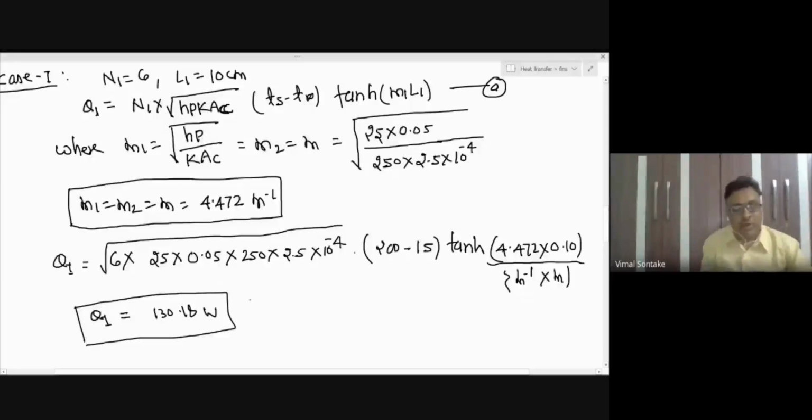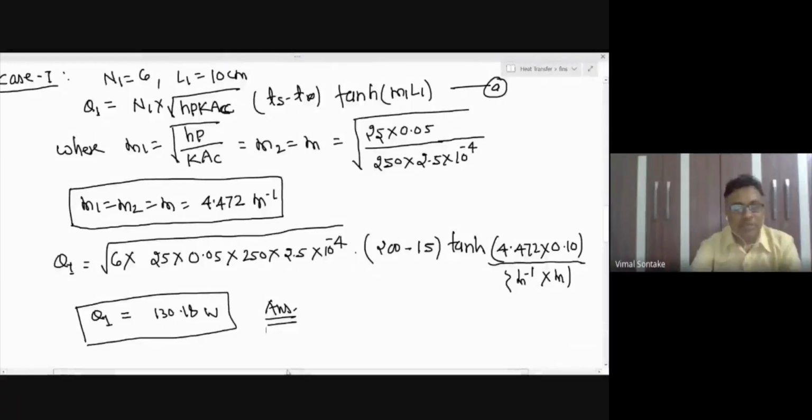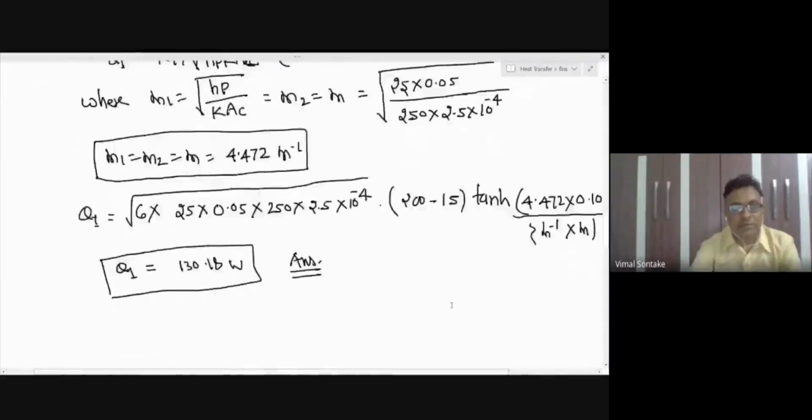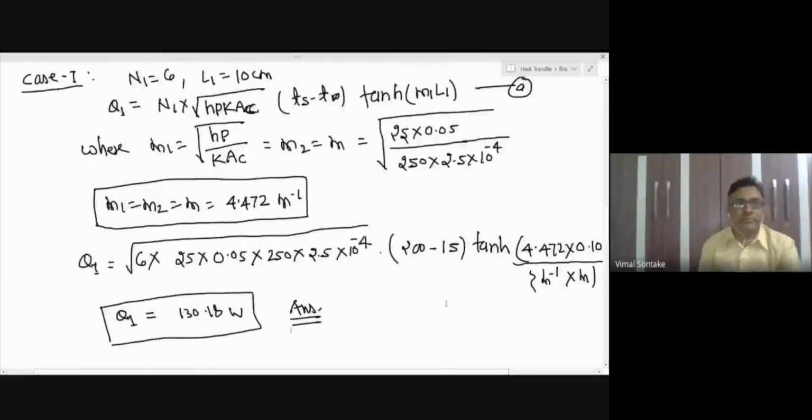Answer number 1 for case 1. Please check because I make a lot of calculation mistakes. Is it correct?